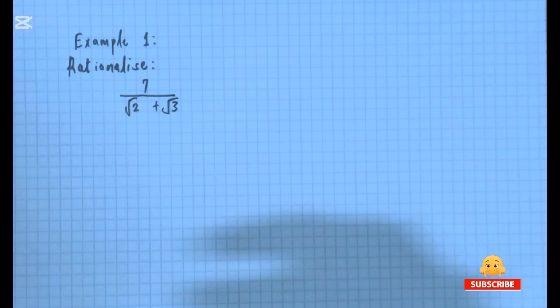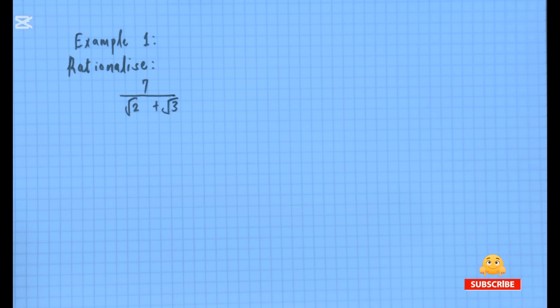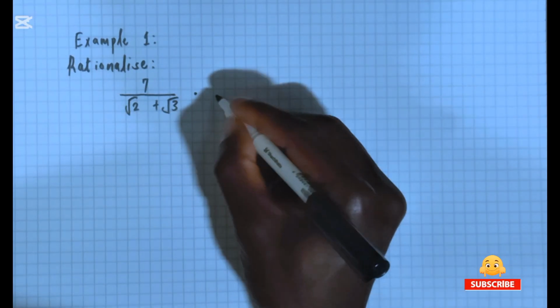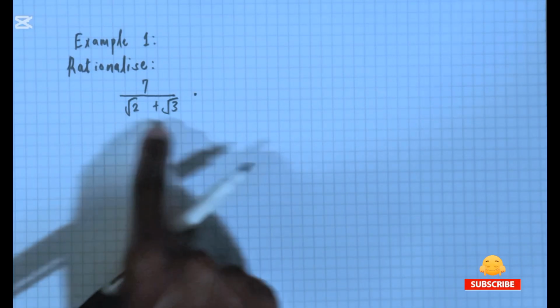All right, so what are we going to do? Remember what we said about multiplying surds with their conjugate. When you multiply a surd by its conjugate, you end up getting a rational number. So for us to rationalize this particular surd, we're going to multiply the numerator and the denominator by the conjugate of the denominator.